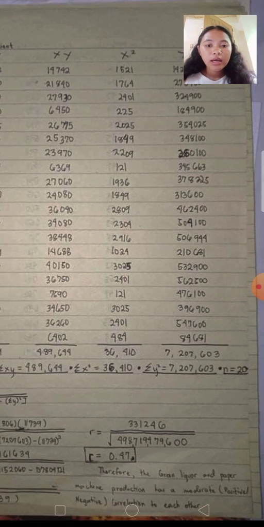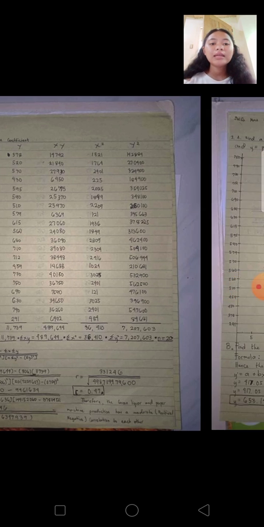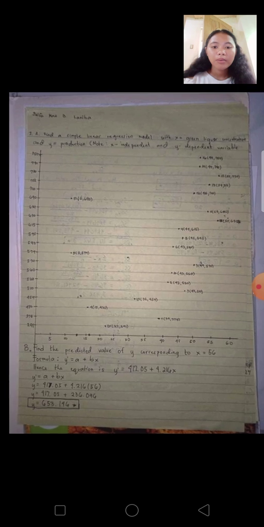Mao na ang conclusion after nato na solve ang tanang gipangayo towards this table. So in conclusion, ang green liquor Na2S concentration and production, naay moderate positive correlation to each other, which is makita nato sa iyahang model.